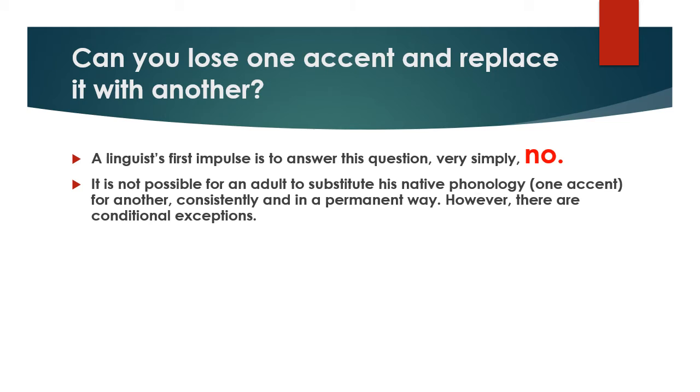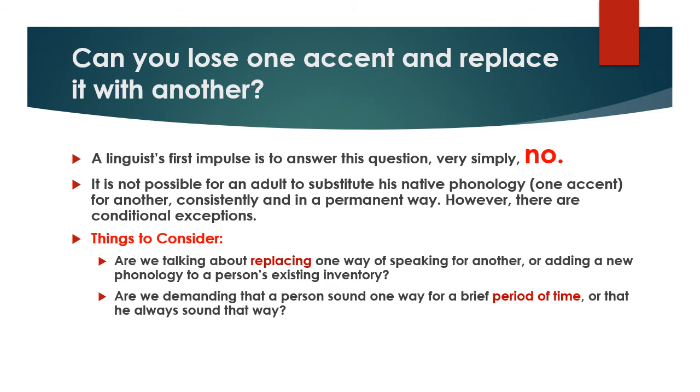Because it is not possible for an adult to do so in a permanent way. Things come back. There are some exceptions, of course. The actors, for example, they oftentimes fake an accent on the set. That is possible after a lot of practice. But when it comes to a long-term change, it is a challenge people can do for a brief period of time.